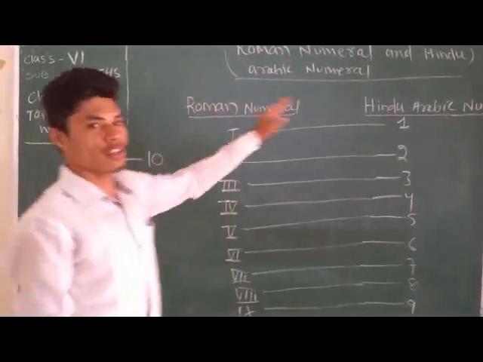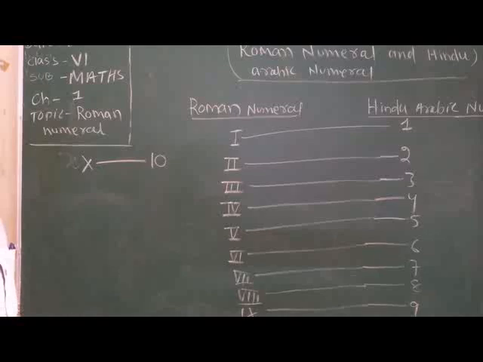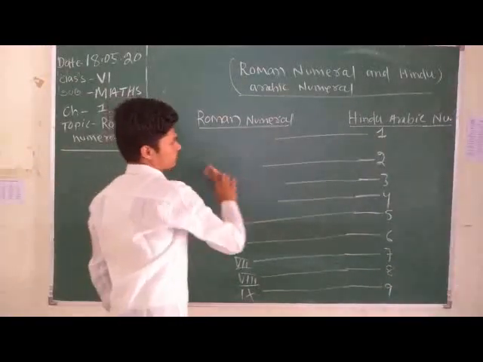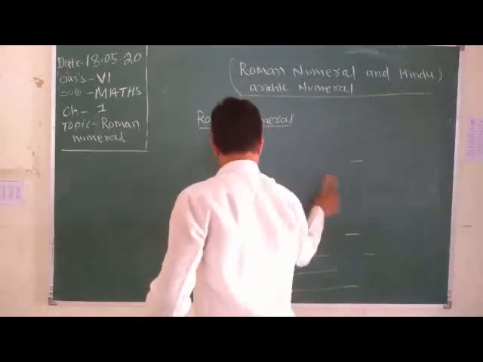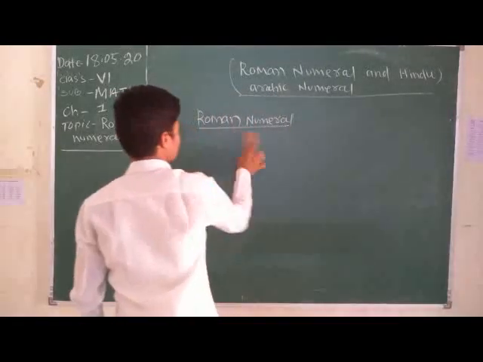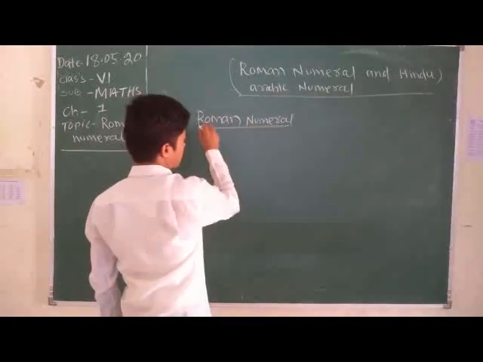Okay. Now we know about the large numbers in Roman numerals. When you know these, you can find larger numbers easily. How?